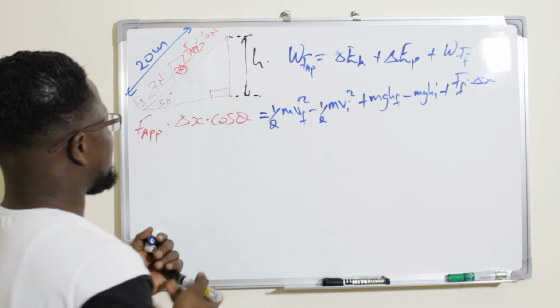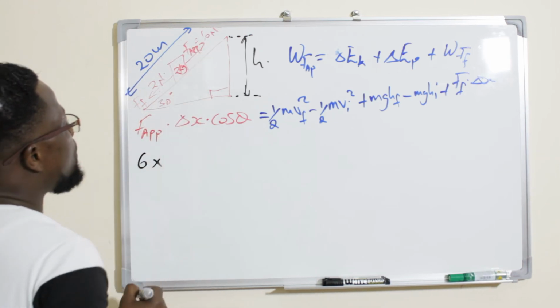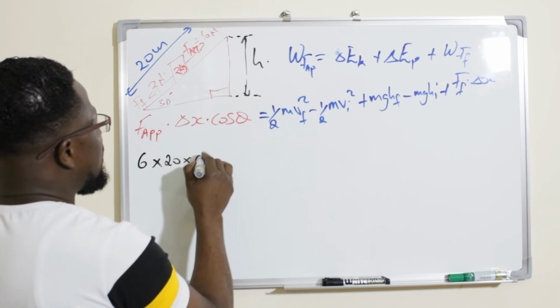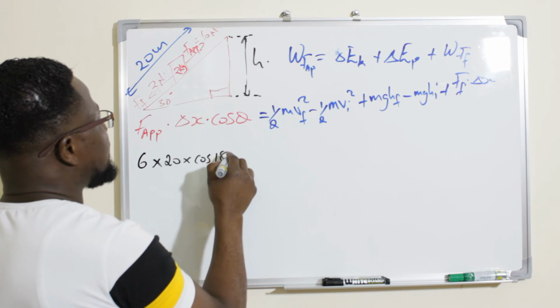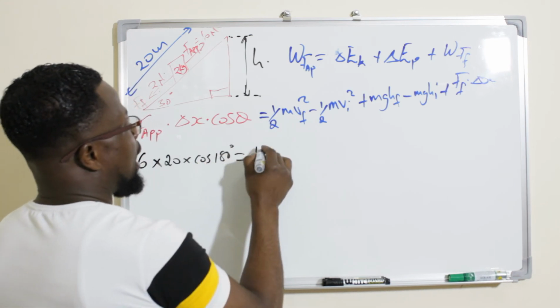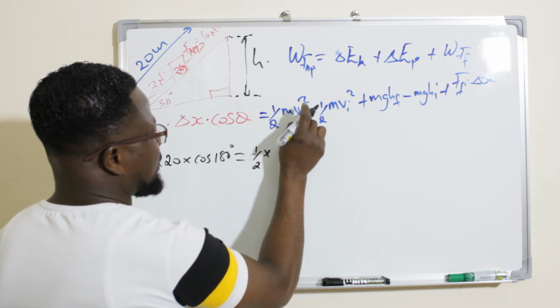So let's look at it and see. What is the applied force? It is 6 multiplied by the displacement, which is 20, multiplied by cos 180 degrees, and that must be equal to half. Here we are looking for the final, so that is not 0.